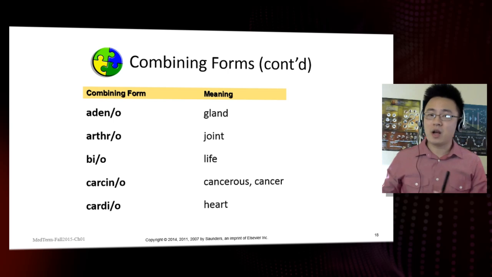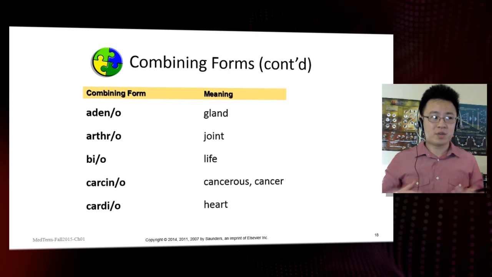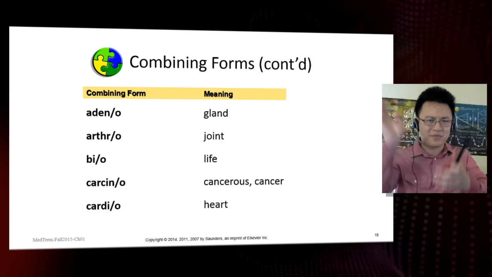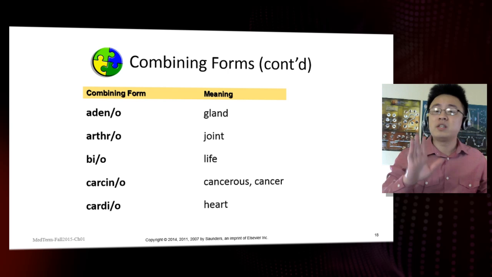We're going to go ahead and talk about some more combining forms. Just to let you guys know, the first 4 chapters in this textbook pretty much just list combining forms, prefixes, suffixes, and different stuff. You're pretty much going to be learning all of those. When we get to chapter 5 on, you're going to be seeing a lot of these repeat themselves.